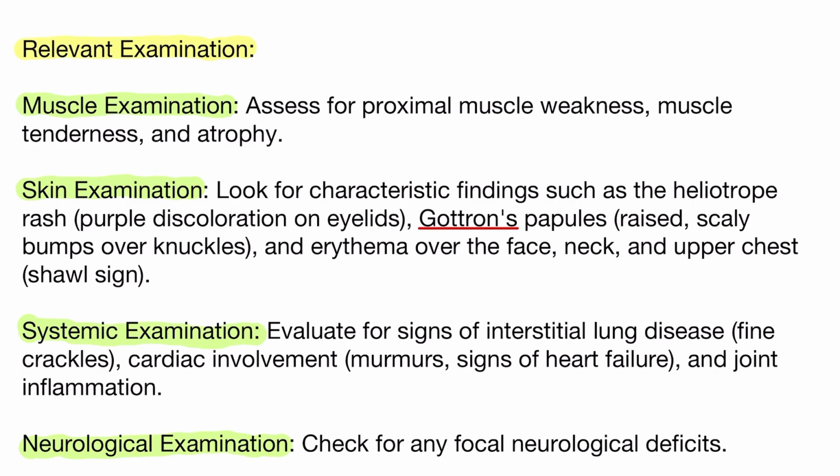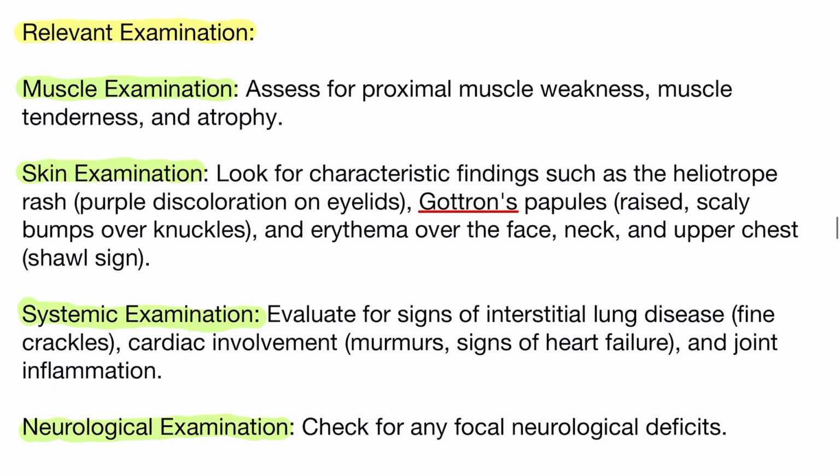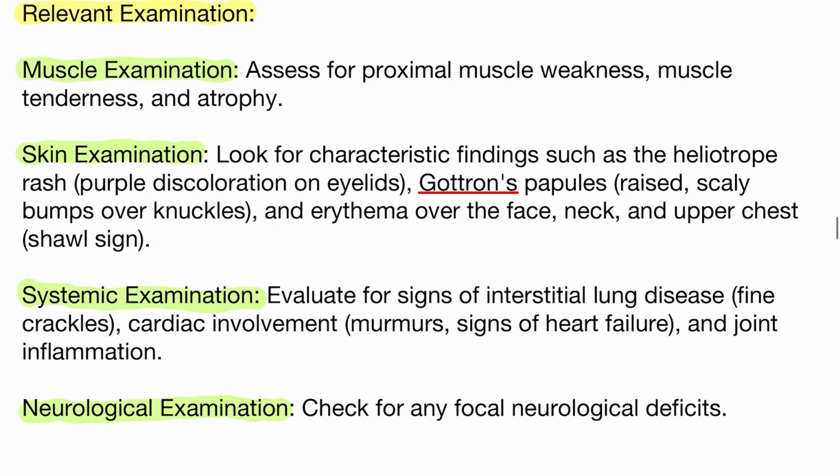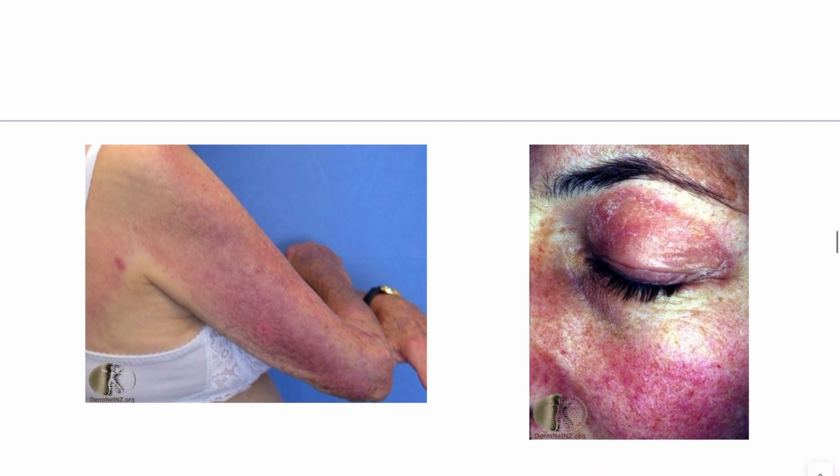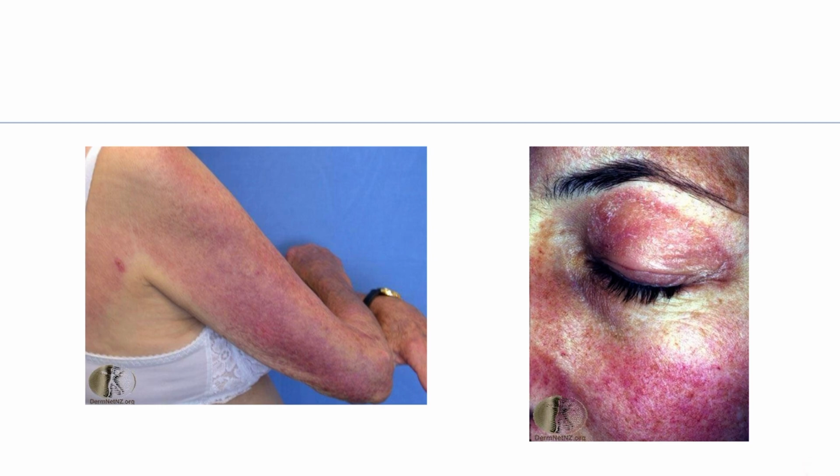We look for the characteristic findings, and these are heliotrope rash, which is purplish discoloration on the eyelids. Here I have put one picture. So this is something called heliotrope rash, and you can see some purplish discoloration of the eyelids here.